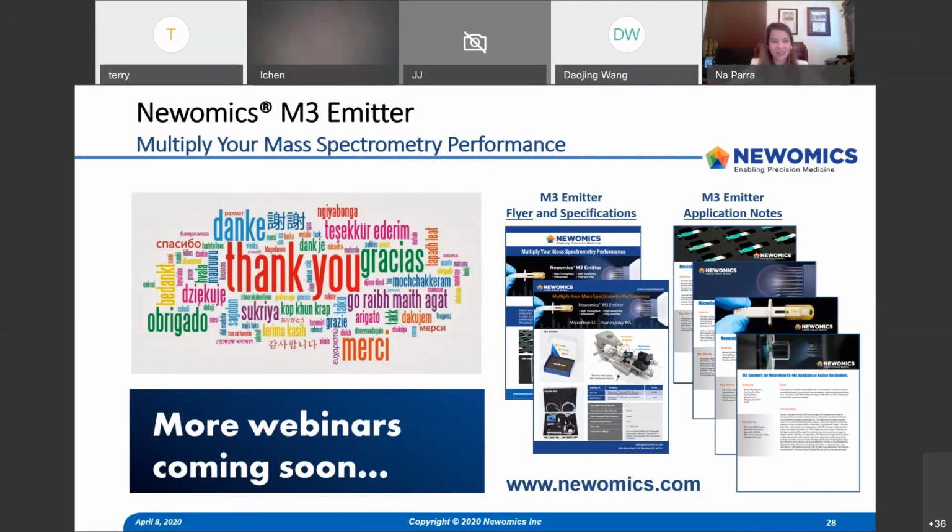Okay, good question. We want to use the M3 emitter for multi-omics. Multi-omics meaning proteomics, metabolomics, even nucleic acid analysis. Metabolomics, we already tried. We worked with the Thermo team last year. We did substantial experiments. It really depends on what molecules you are looking at.